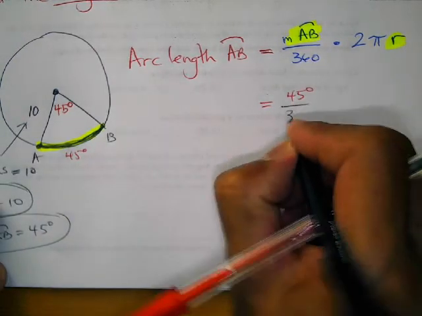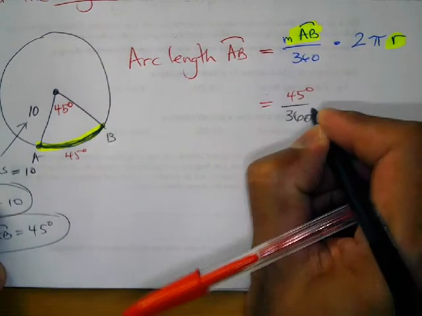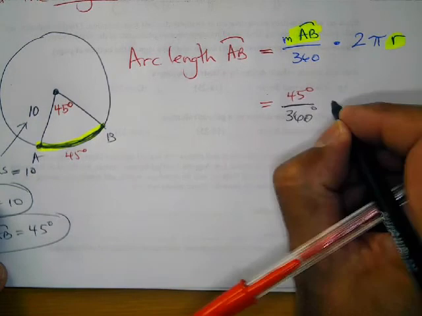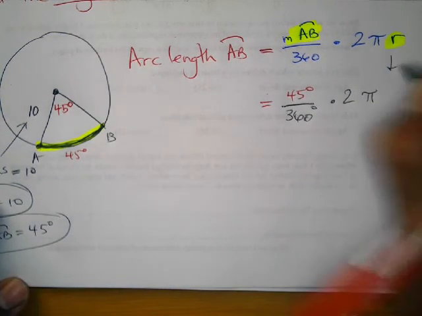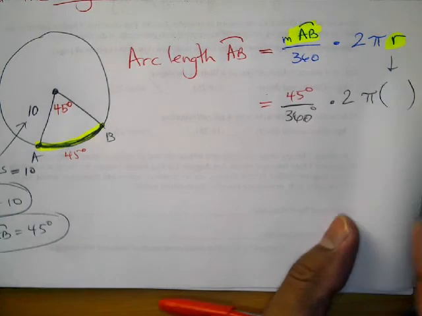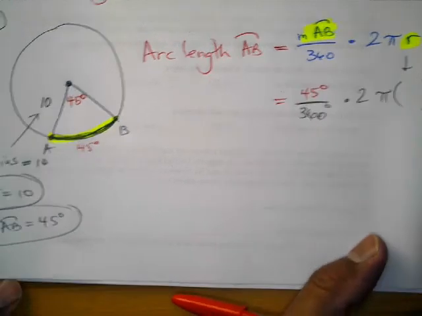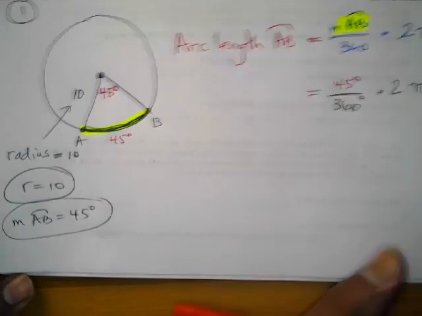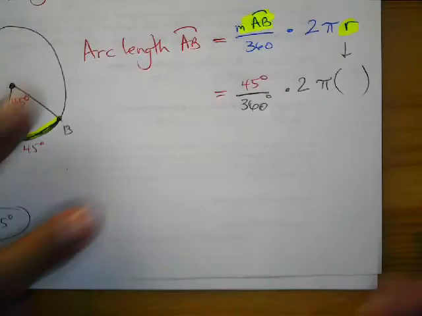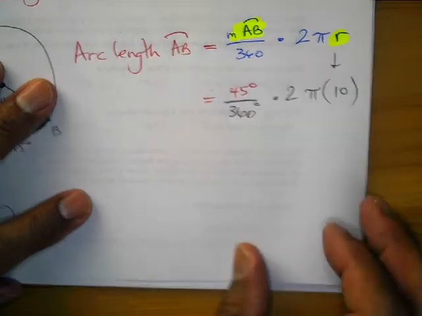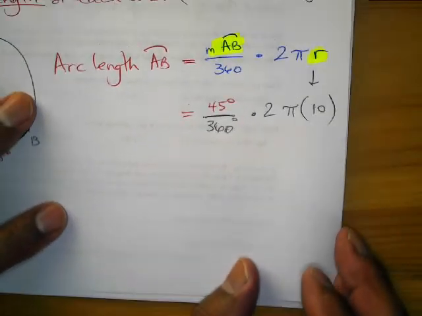Okay. So that is going to be 45 degrees divided by 360 times 2 times pi, and then times the radius. What is the radius here? Here the radius is 10.